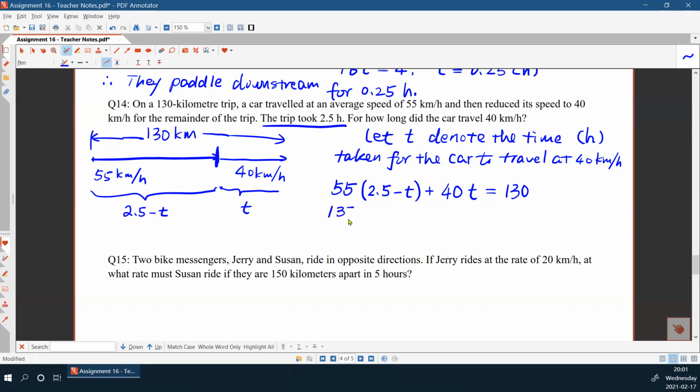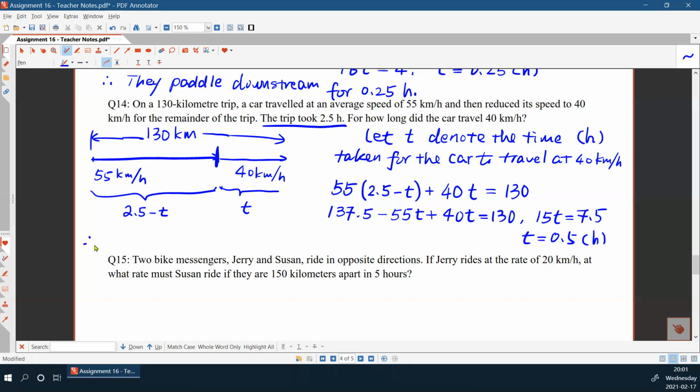So this gives us 137.5 minus 55t plus 40t equals 130, right? And then 15t equals 7.5. Then we can solve t is 0.5 hours.